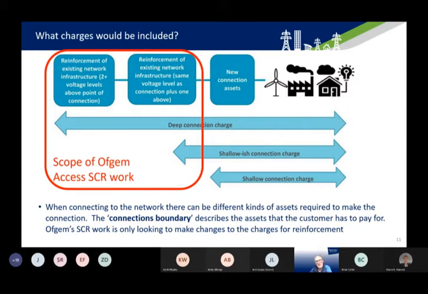And I suppose the point of this is just to explain that this piece of work by Ofgem in terms of the connection boundary is really just looking at the reinforcement. So there are no proposals to change connection assets, which will be fully funded by the customer. This piece of work is purely looking at the associated reinforcement.